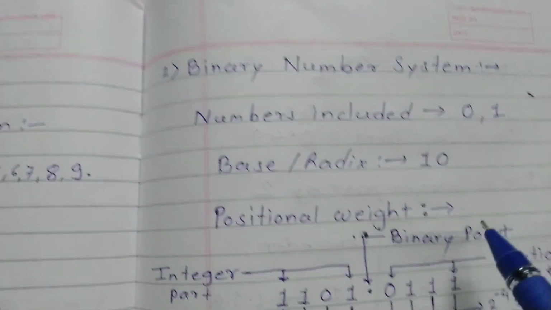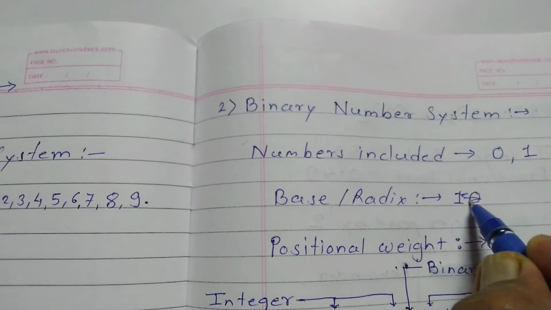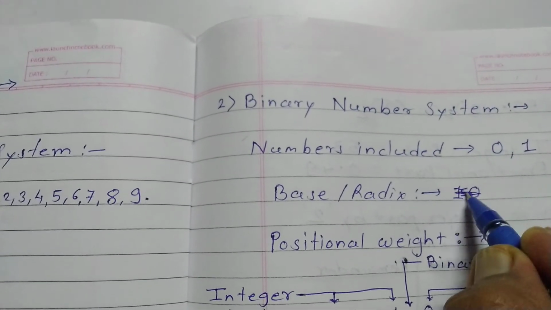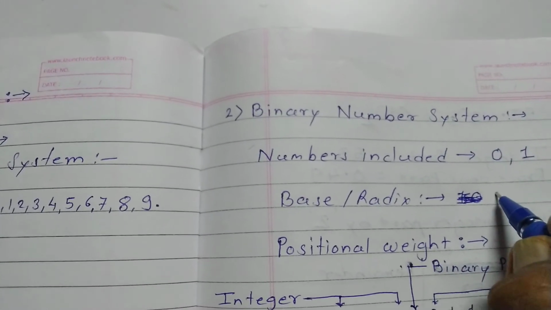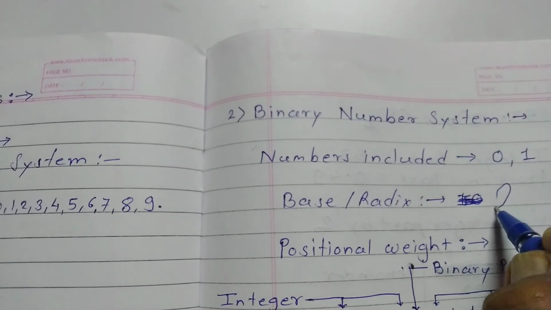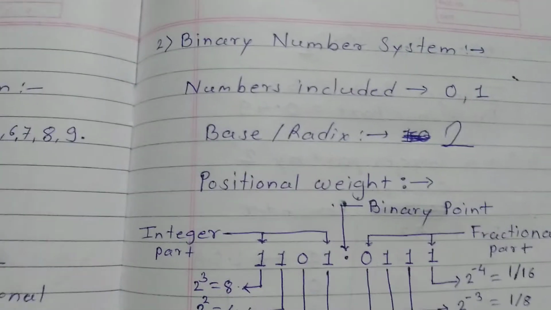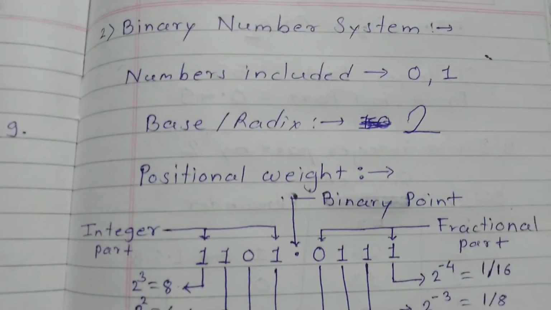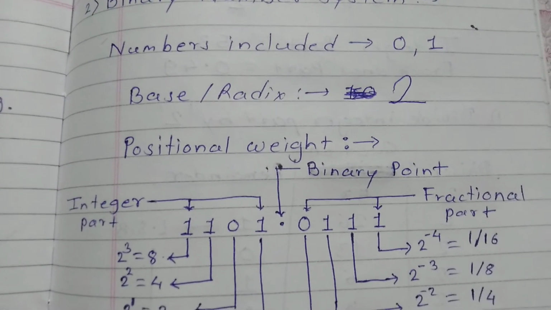Because there are only two numbers, I will cut this and write the value 2. So the base or radix of this number system is 2, as 0 and 1 are the only two numbers.